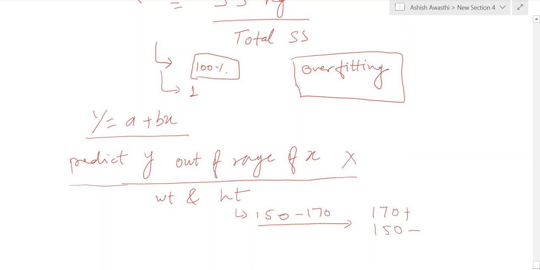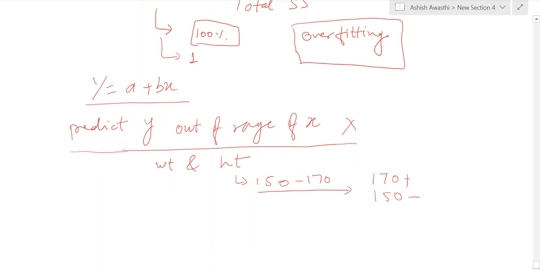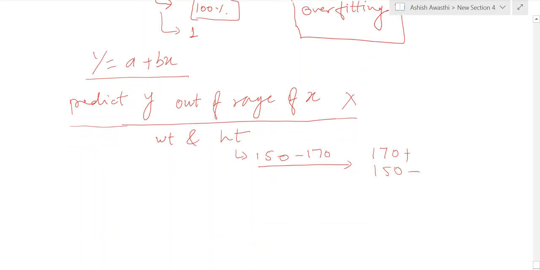It will lead to error in your model or in your estimate. You can do a little bit within your model or within your sample data set, but outside of the data set it is not advisable.